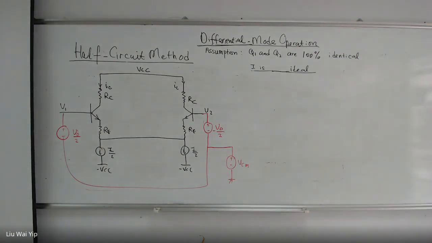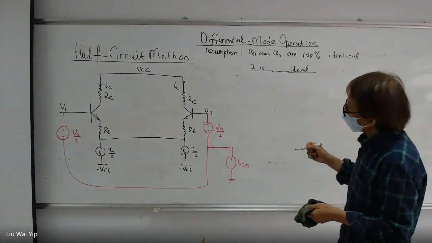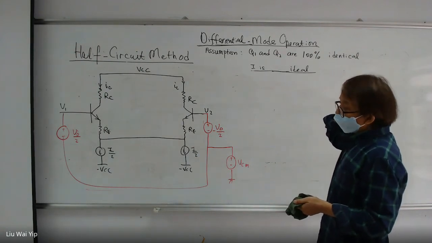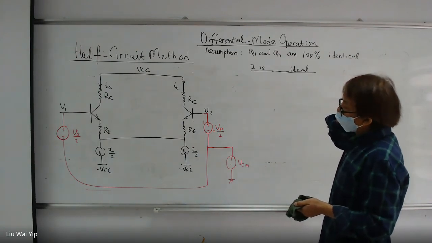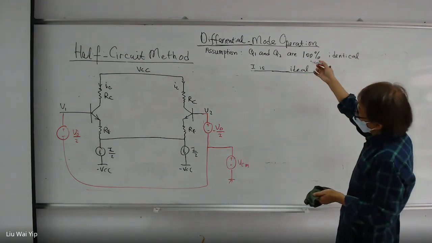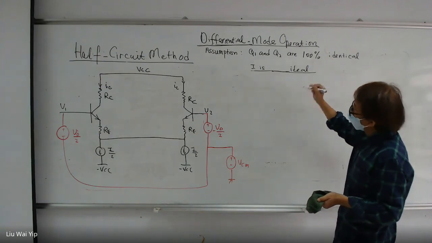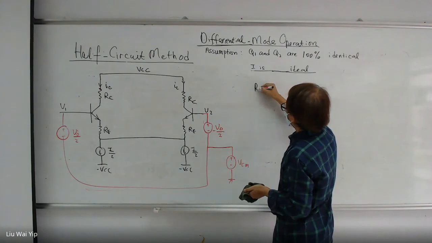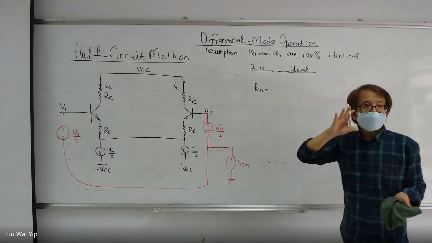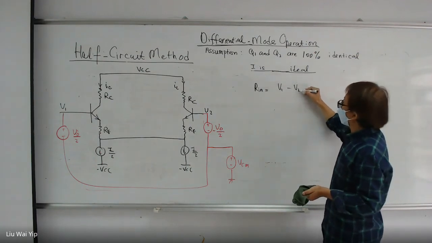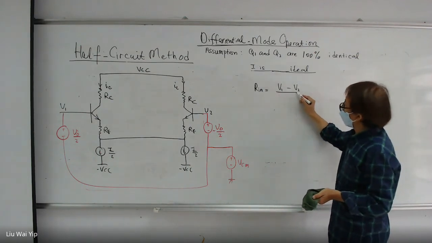Now, remember what we have done first, we need to calculate the input resistance. What is the definition of input resistance? Input resistance will be equal to V1 minus V2 divided by the current.